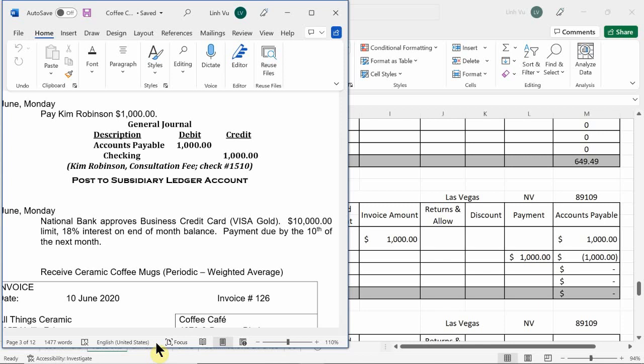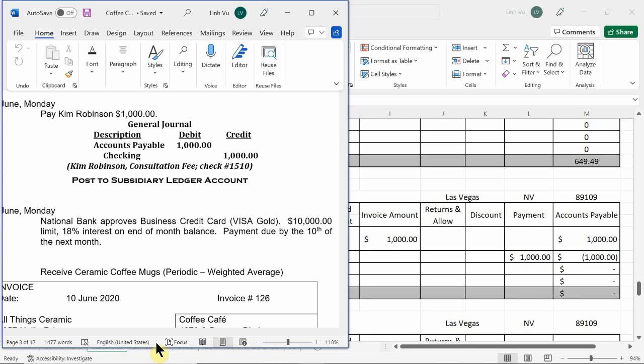So in this case, we acquired a credit card for $10,000, Visa Gold, for 18% interest, and the payments are due the 10th of next month.